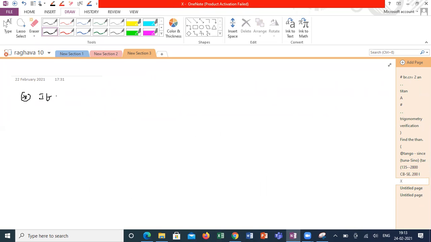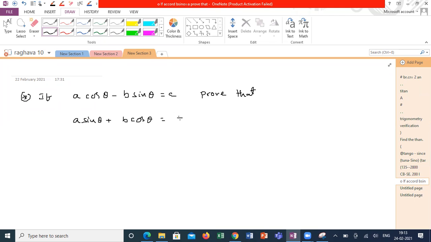If A cos theta minus B sin theta is equal to C, prove that A sin theta plus B cos theta is equal to plus or minus square root of A square plus B square minus C square. This is given and I have to prove this one.